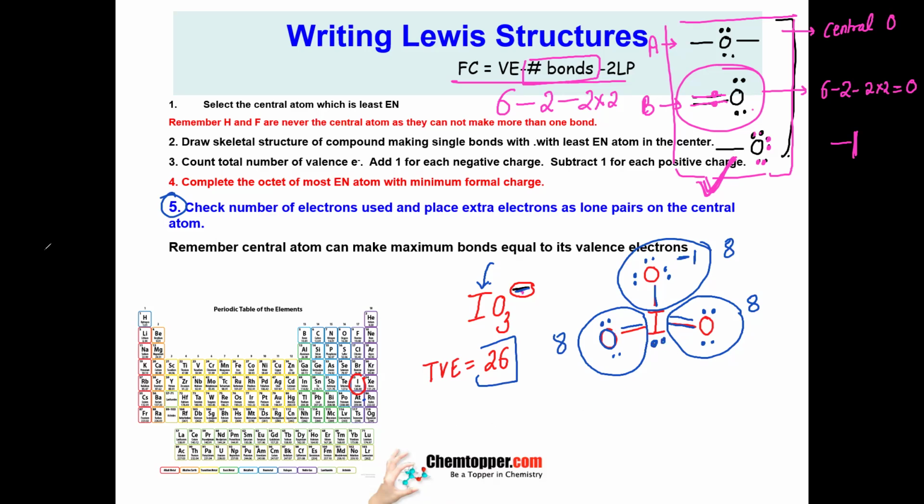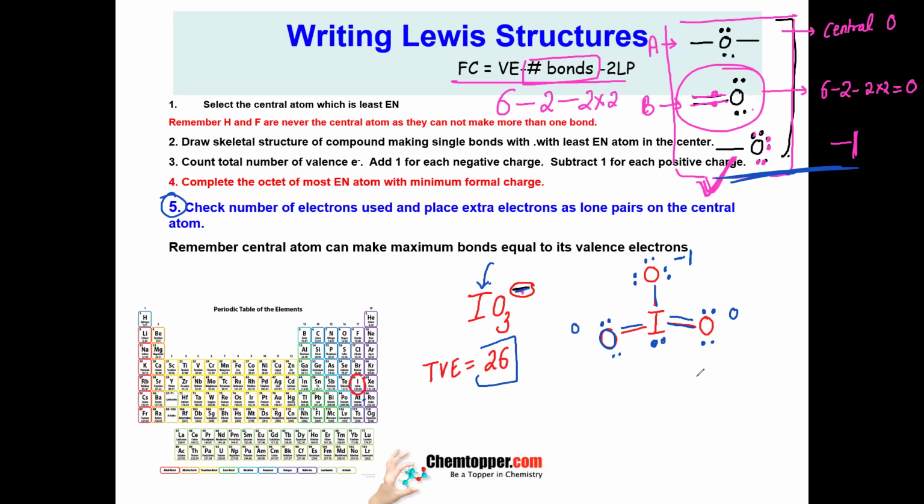Now check the formal charge on iodine. Oxygen you know already because we have practiced here. Check the formal charge everywhere. This oxygen is minus 1 here. See, whenever it is singly bonded with 3 lone pairs. This is 0. This is 0.